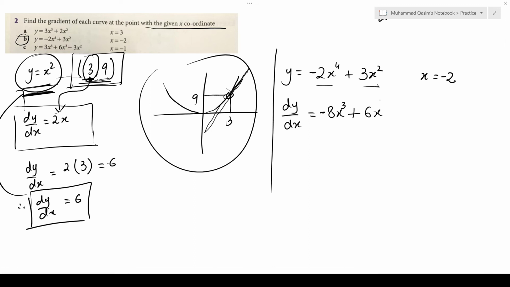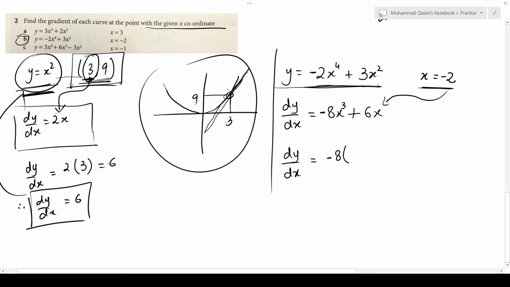Okay, now I need to find out what is the gradient of this curve at x equals negative 2. Now I'm going to plug in negative 2 into the equation of the gradient. So dy by dx equals minus 8, and then negative 2 cubed plus 6 into negative 2.